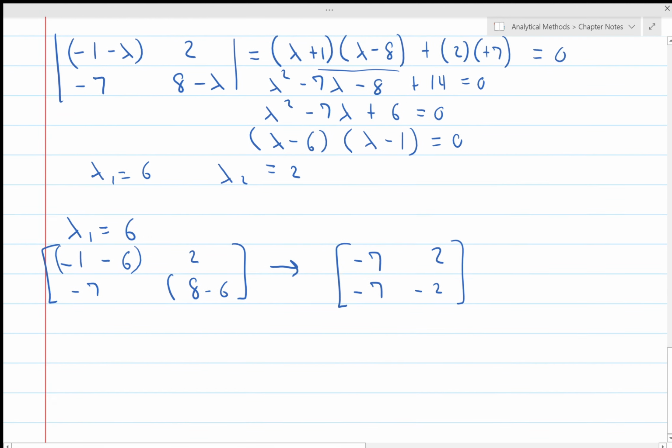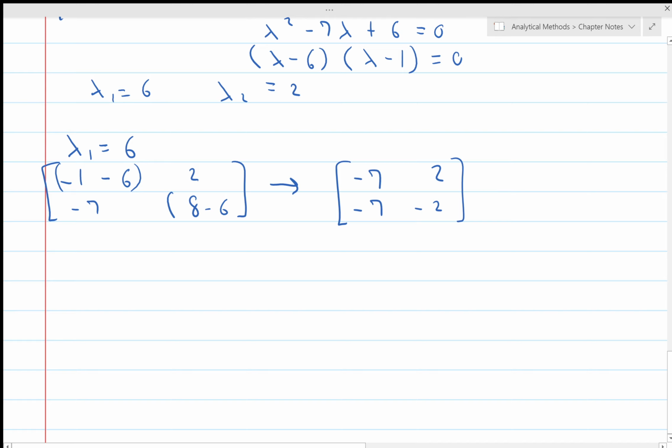So I know this has to equal 0, so let's do that. So -7 x1 plus 2 x2 equal to 0. I'll set them equal to each other. So 7 x1 equals 2 x2.